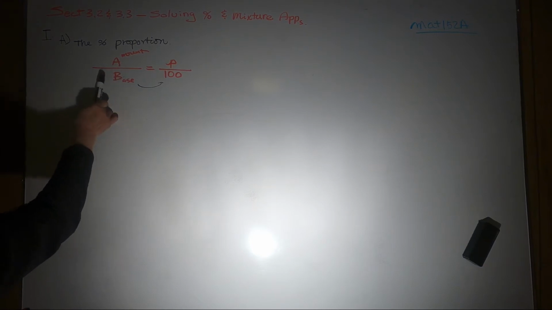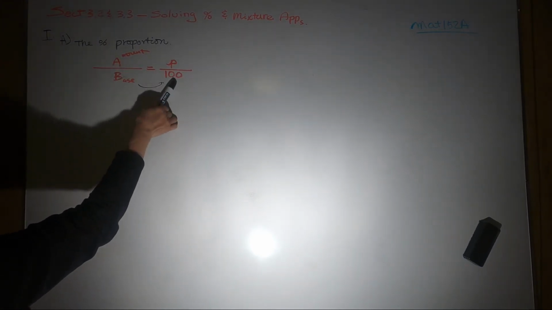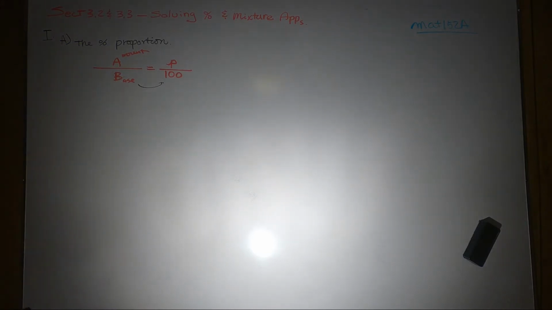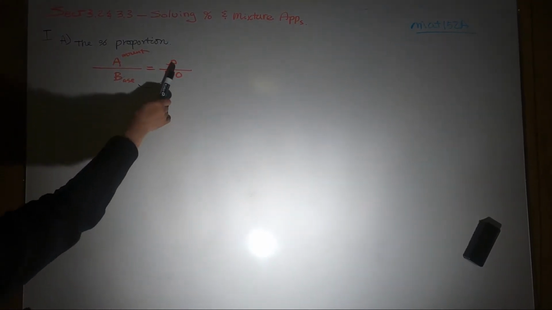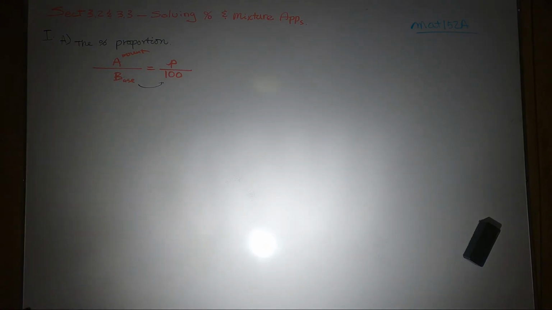Then here, the base total dollars will be your 100%, compared to the whole thing. Then A would be your portion of the base, the portion of the 100. That's how we make the equivalent equation for it, right?